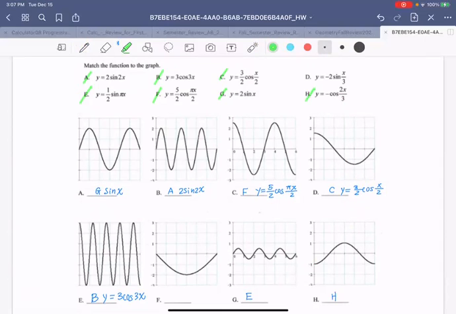And the last one is D. This guy is D. The amplitude is 2. And the period for this guy is 2 pi over B, 2 pi over 1/3, which is 6 pi. And the amplitude is 2.